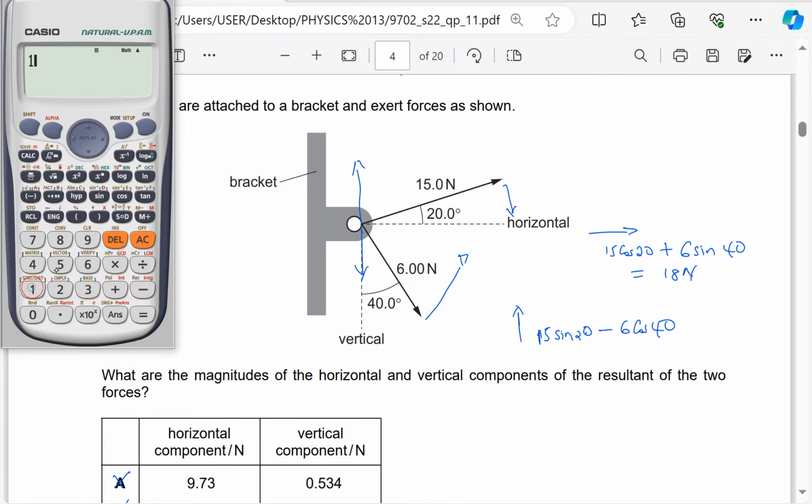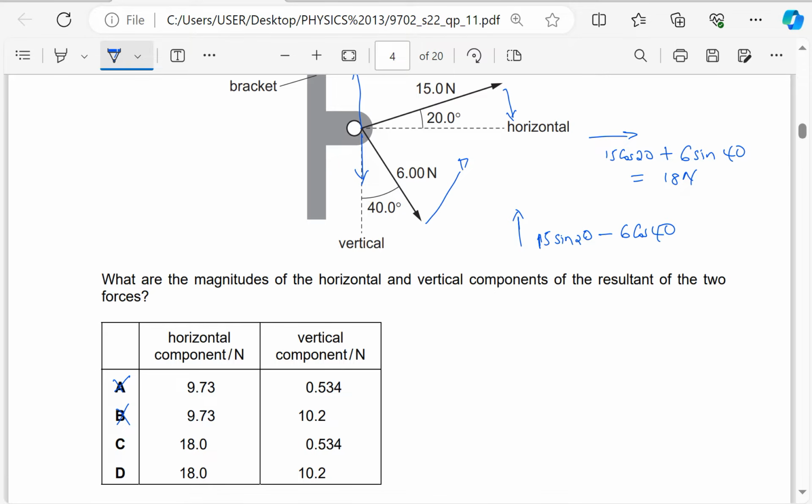So I have 15 sine of 20 minus 6 cos of 40. So this gives me 0.534. So the answer is going to be C because this is 0.534.